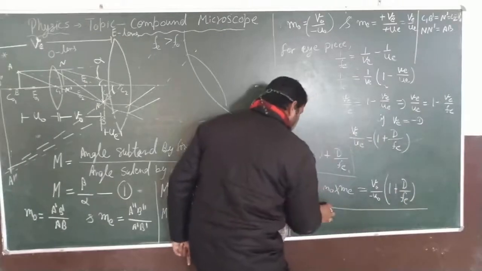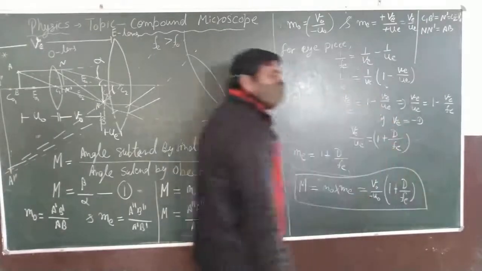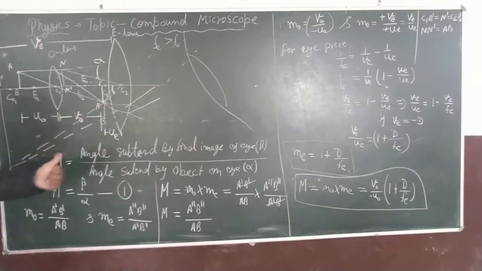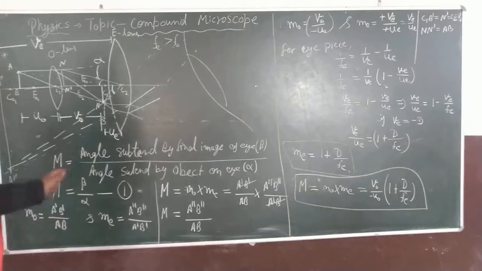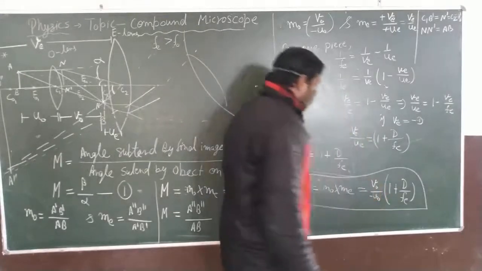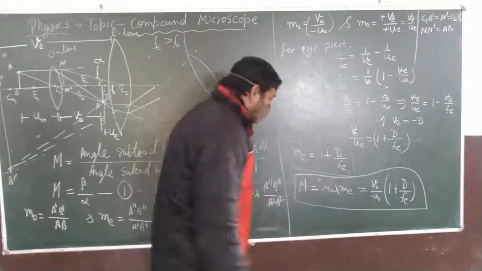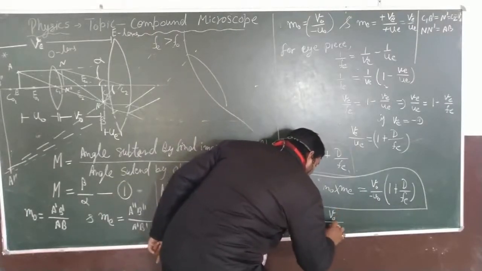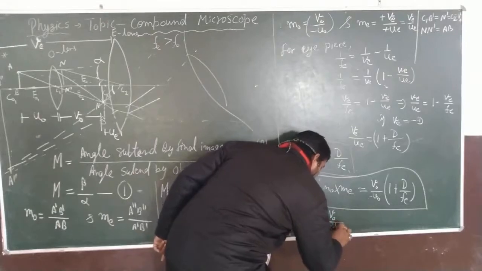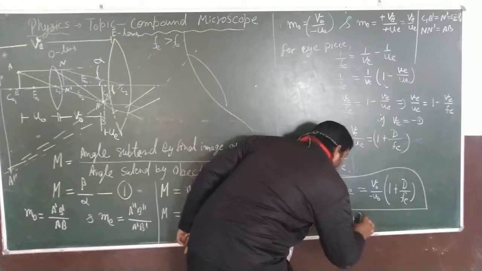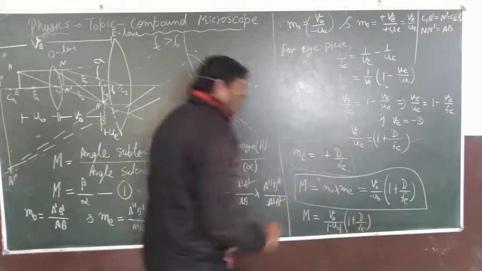This is the formula for a compound microscope for an image formed at a finite distance, or least distance of clear vision. Here we can also use the mod, that is M is equal to V naught upon mod of minus U naught, times 1 plus D upon Fe.